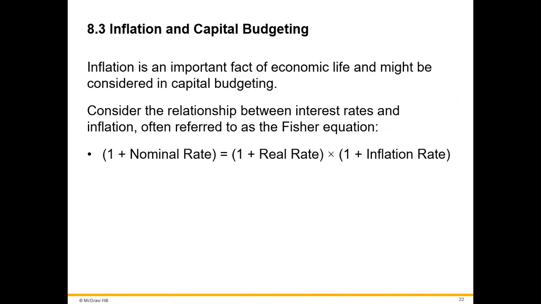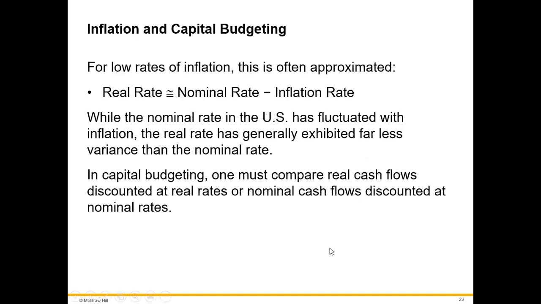Next, inflation is an important fact of economic life and must be considered in capital budgeting. Remember, 1 plus the nominal rate equals 1 plus the real rate times 1 plus the inflation rate. That's the Fisher effect. For low rates of inflation, we can approximate the real rate by taking the nominal rate minus the current inflation rate.